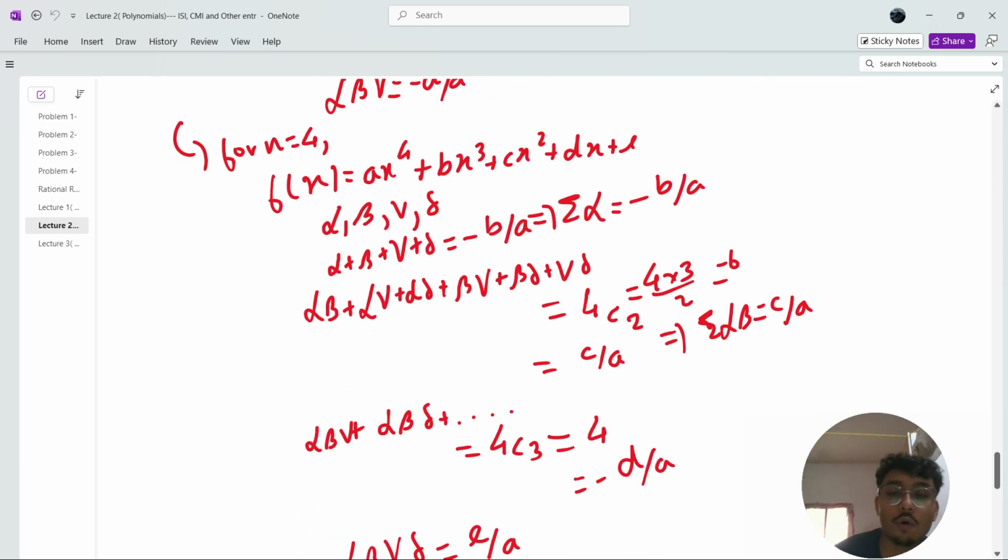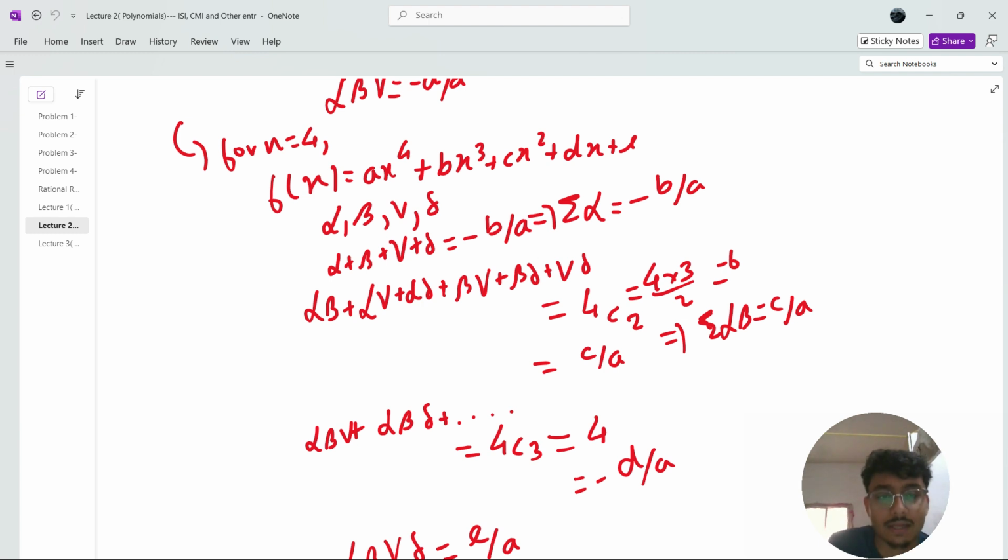Now for degree 4, f of x is equal to ax to the power 4 plus bx cube plus cx square plus dx plus e. Again, summation alpha plus beta plus gamma plus delta is equal to minus b by a.